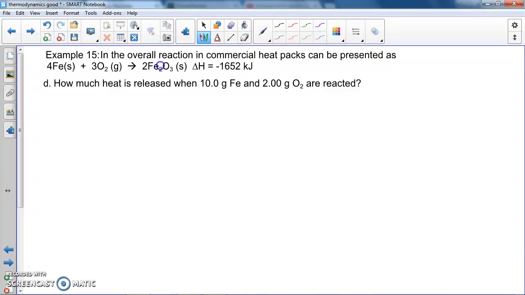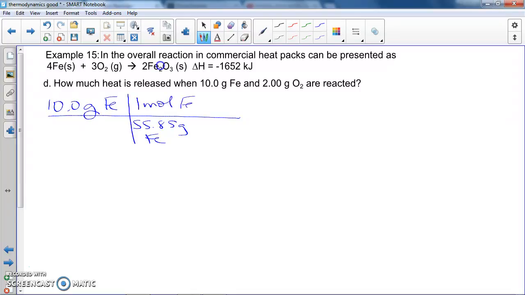So we'll start with 10 grams of iron, and we'll get to moles of iron oxide. We'll talk about why we're stopping at moles in just a minute. So we have 55.85 grams of iron for every 1 mole of iron, periodic table number. From my balanced equation, 4 moles of iron for every 2 moles of iron oxide.